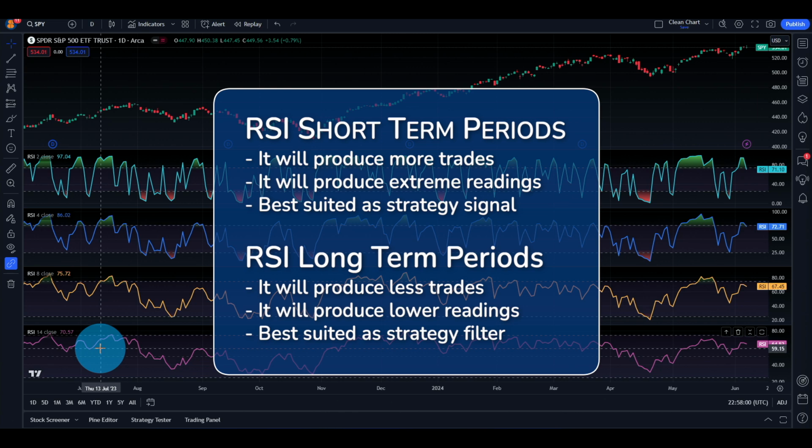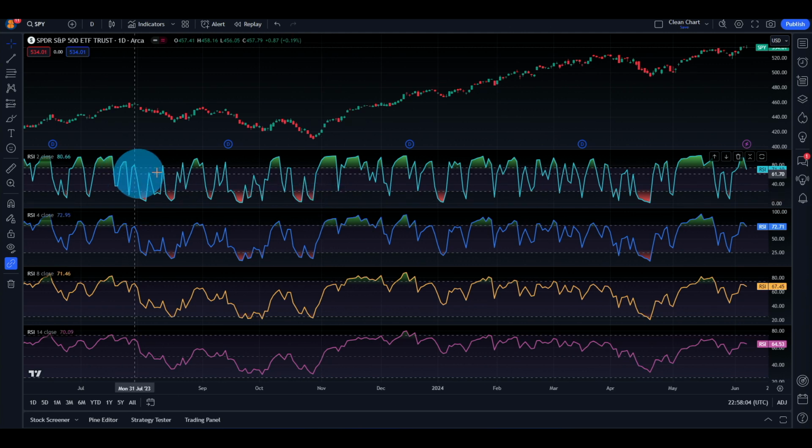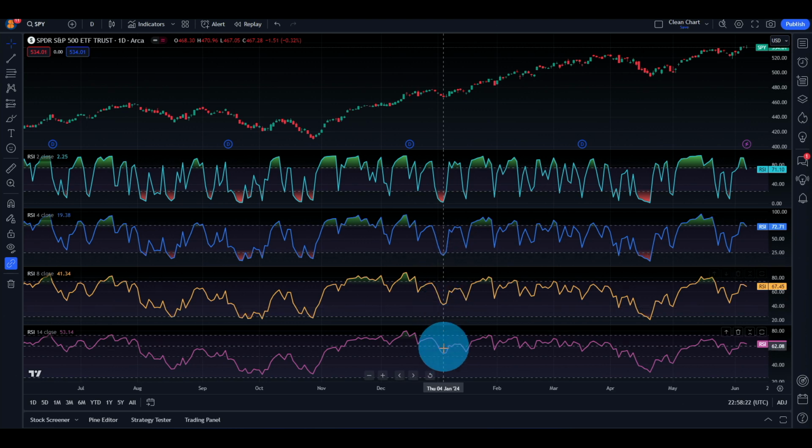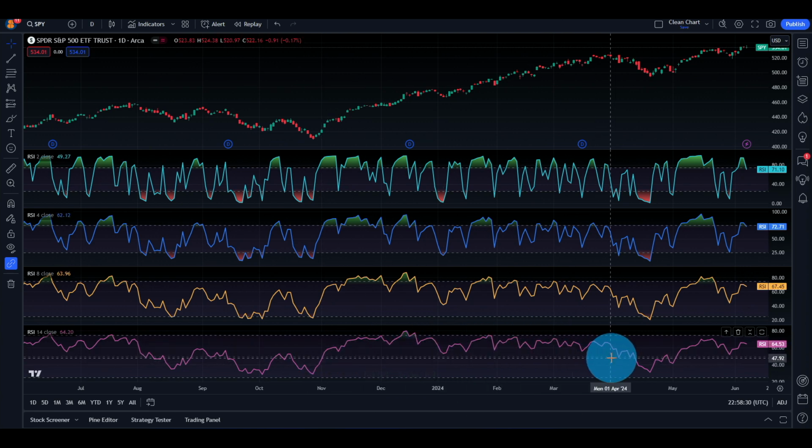Observation 2 is we get more extreme measurements with a shorter period and less extreme with a longer period. So for example, look at this RSI 2 here, the value is 2.5. Here is the same bar, the value is 19. And on RSI 8, the value is 41. On RSI 14, the value is 53. Since November of last year till April, the RSI 14 didn't go below 50.